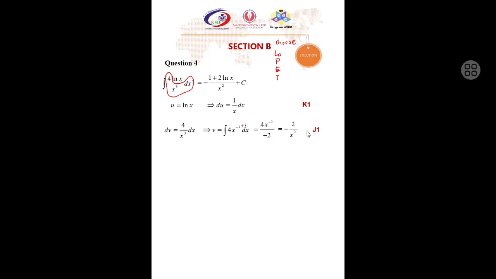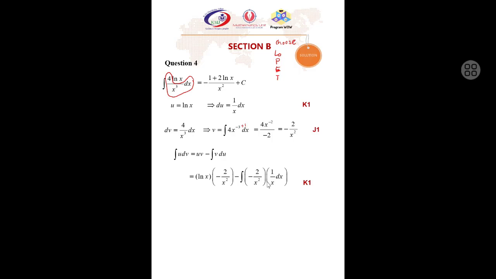So after you find u, du, dv, and v, substitute into your integration by parts formula: integral of u dv equals uv minus integral of v du. You substitute. Here you just simplify uv.